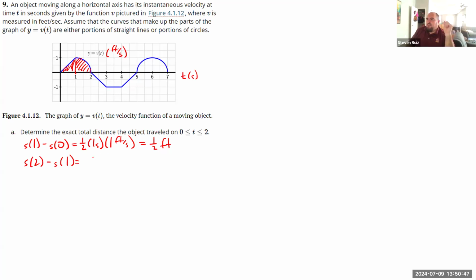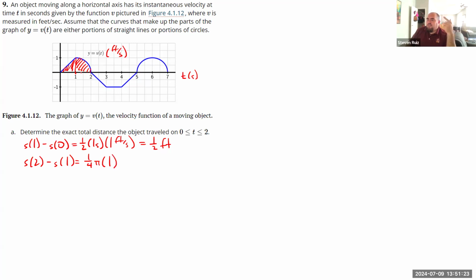So what does this give me? How do I find the area of a circle? That's pi r squared. So what I have here is 1/4 of a circle. So 1/4 pi times the radius squared. What is the radius of this circle? Well, you can either look vertically or horizontally. Either way, the radius is going to be 1. It's hard to give a unit to the radius, but for now, let's think about it numerically.